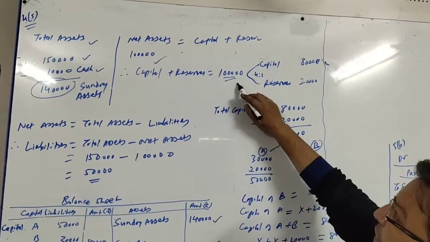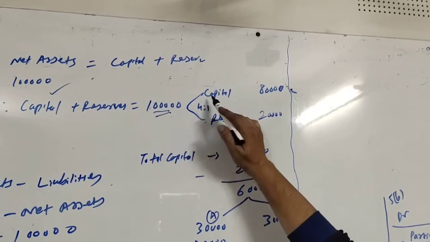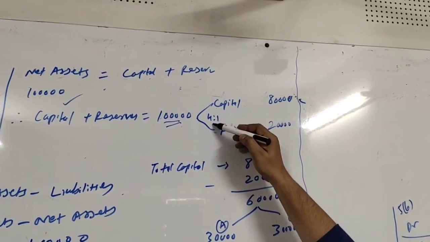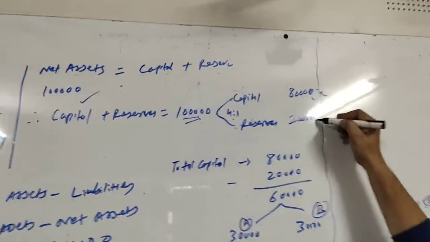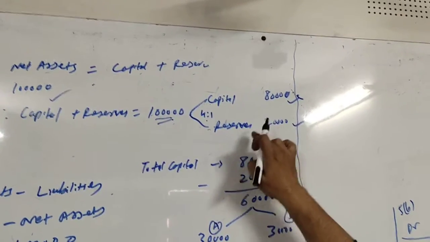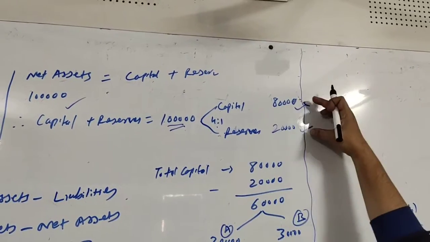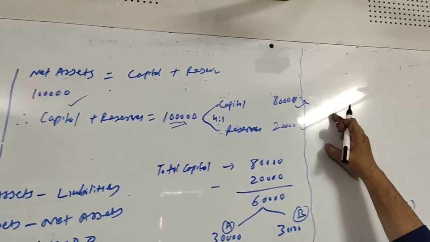So this 1 lakh rupees we will distribute in this proportion. When I distribute 1 lakh rupees in the proportion of 4:1, I get 80,000 and 20,000. So 80,000 will be for capital and 20,000 will be for reserve. So we are ready with the values of capital and reserve.